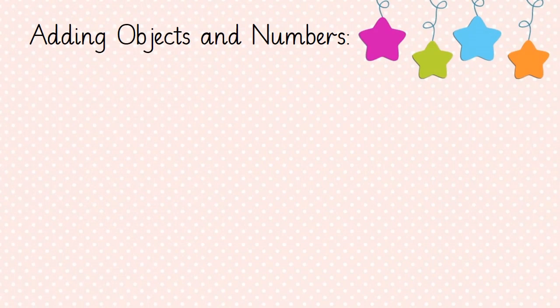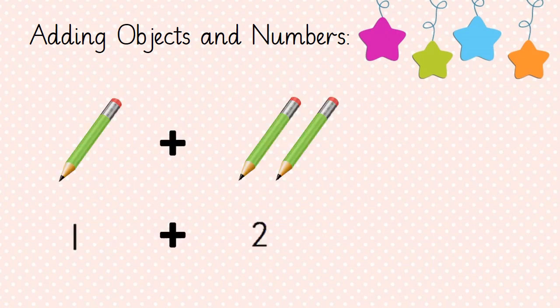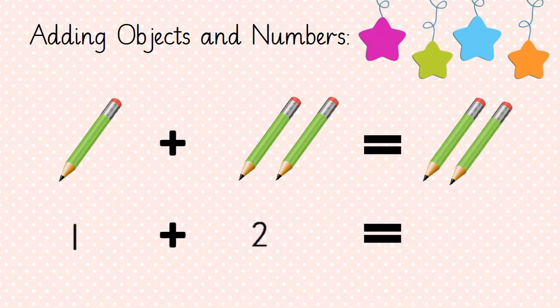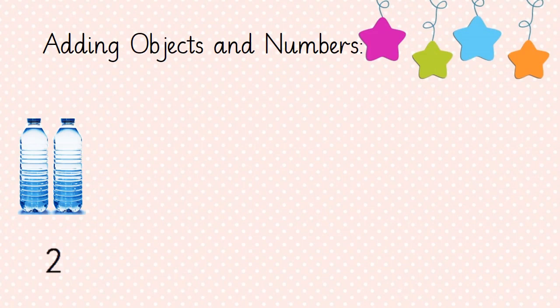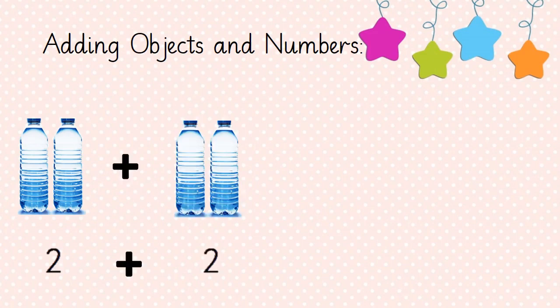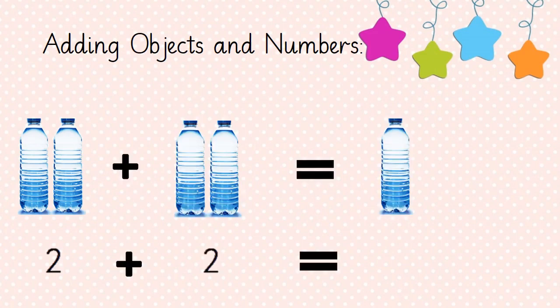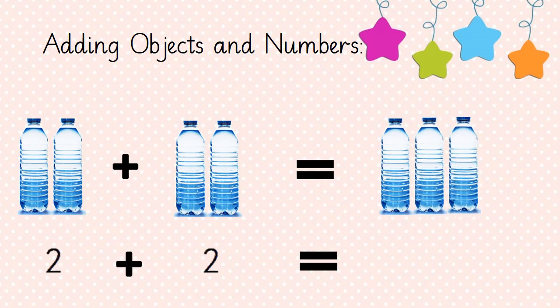Let's count the objects and find out the total number. 1 pencil plus 2 pencils is equal to 1, 2, 3. 3 pencils. Let's do another example. 2 bottles plus 2 bottles is equal to 1, 2, 3, 4. 4 bottles.